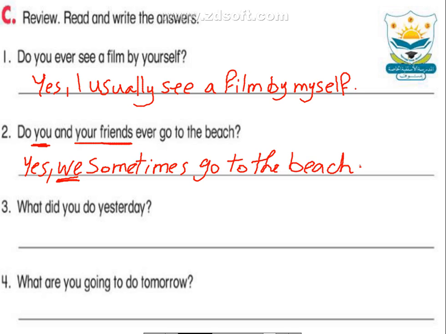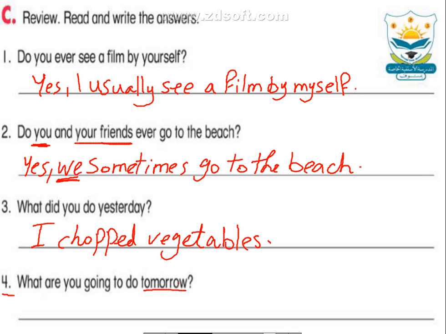Okay, number 3, what did you do yesterday? For example, for me, I chopped vegetables. Okay. Number 4, what are you going to do tomorrow? What are you going to do tomorrow?